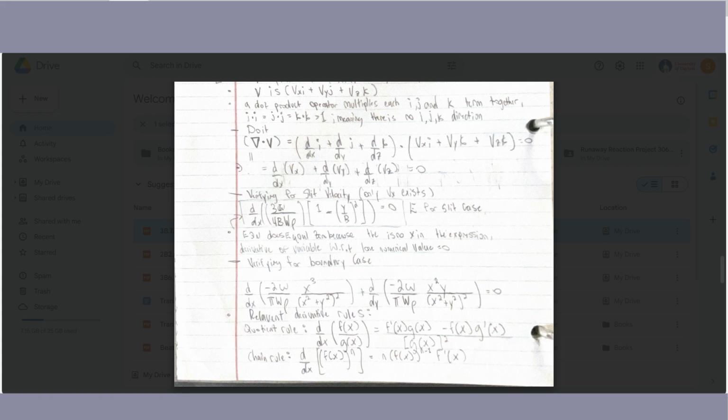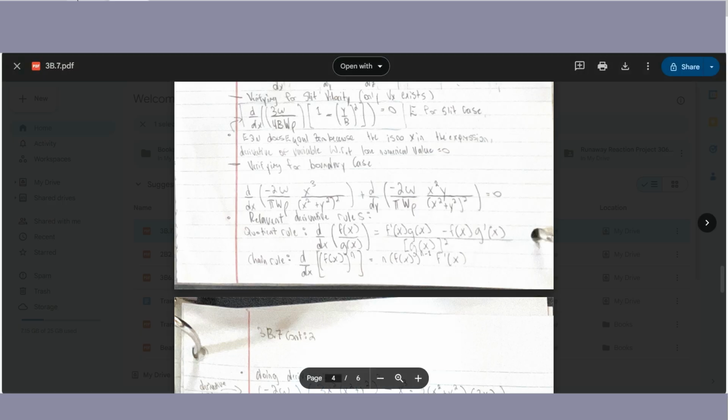The derivative of a constant is just 0. So that just shows that the expression is 0. So now we do it with the other equations.